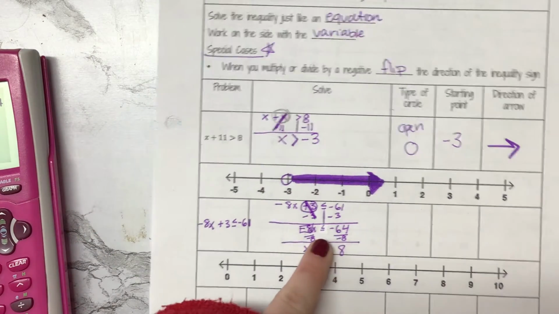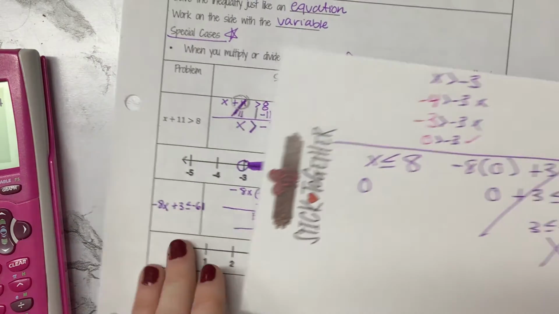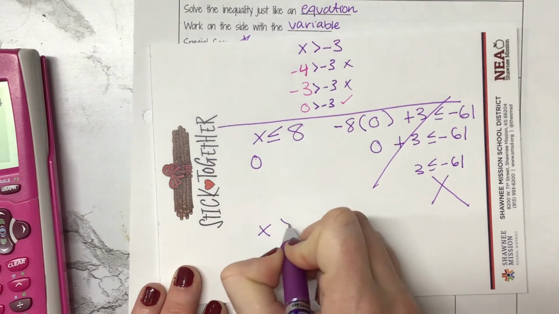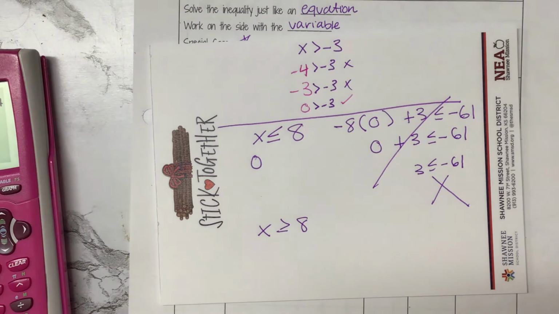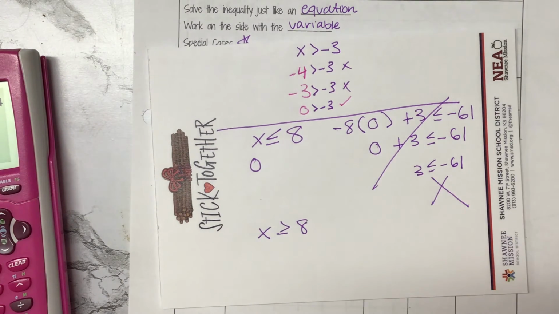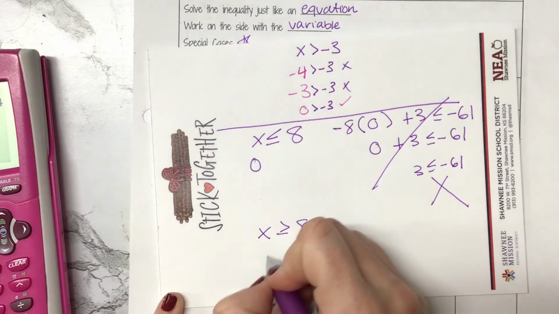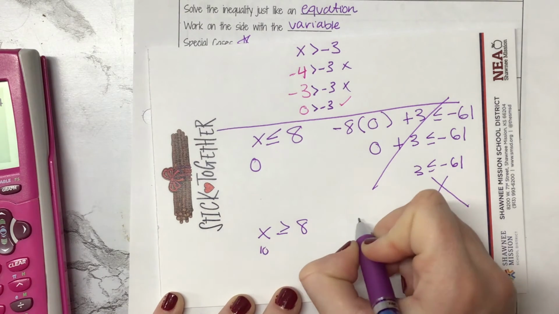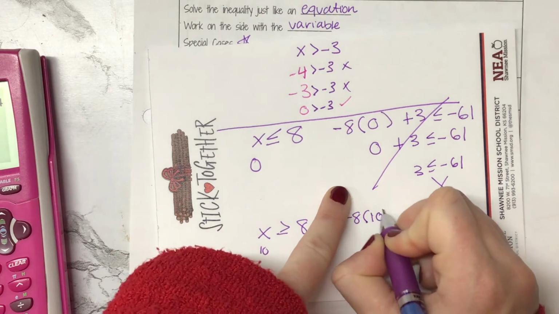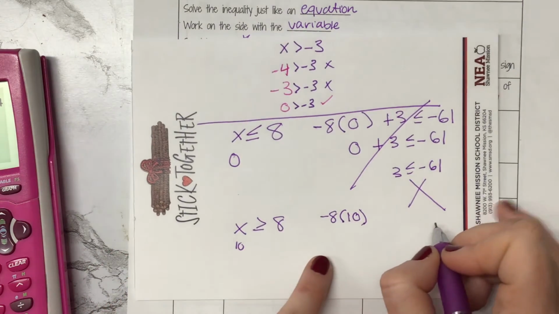But since I divided by a negative, if I flip the direction of my inequality, okay, and I pick a number that's greater than 8, let's do 10 for easiness. And I substitute 10 in my original equation.